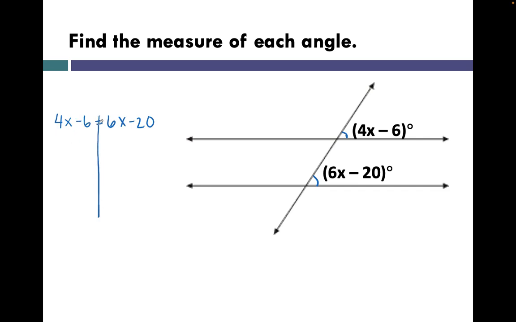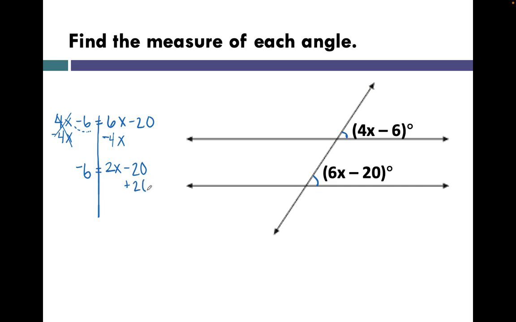Remember, when we solve an equation with variables on opposite sides, we need to first combine both of the x terms onto one side. We're going to start by subtracting 4x from 4x, which gives us 0x, and then also subtract 4x from 6x, which gives us 2x. If I bring everything else down, the minus 6 is left alone on the left-hand side, equals 2x minus 20.